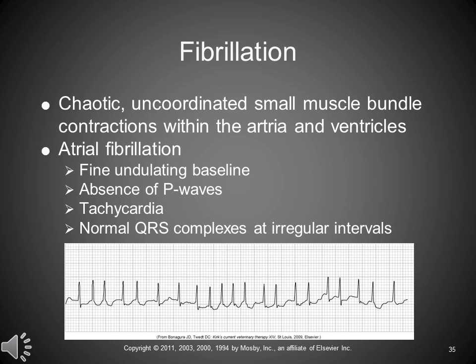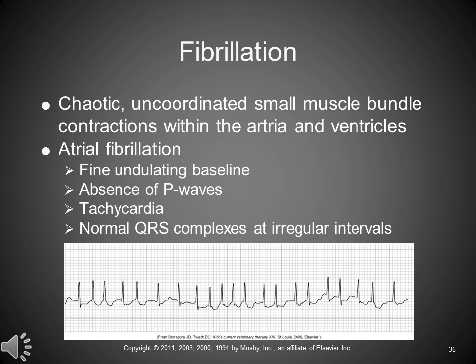You don't really get a P wave. You just get kind of like the P waves having a seizure. There is an absence of P waves. You end up with a real tachycardia because it's going way too fast, and your normal QRS complexes are at irregular intervals. This one doesn't show as irregular as some you might get, but atrial fibrillation you can deal with.